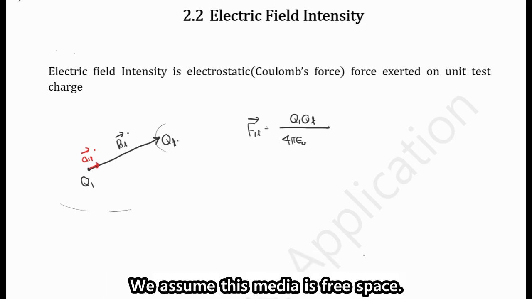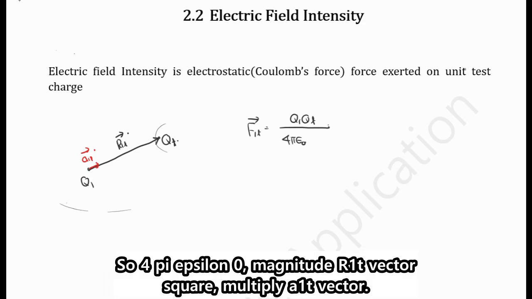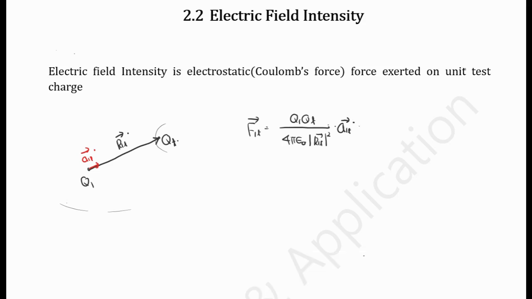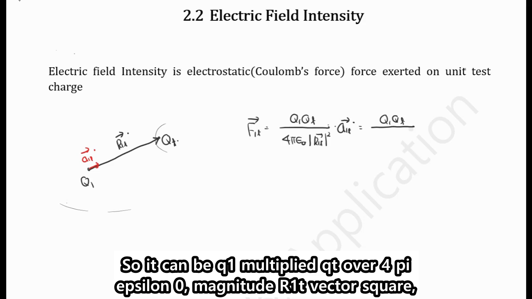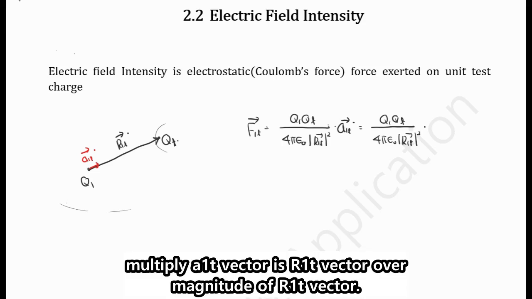We assume this medium is free space, so 4 pi epsilon 0 magnitude of R1t vector squared multiply A1t vector, where A1t vector is R1t vector over the magnitude of R1t vector.